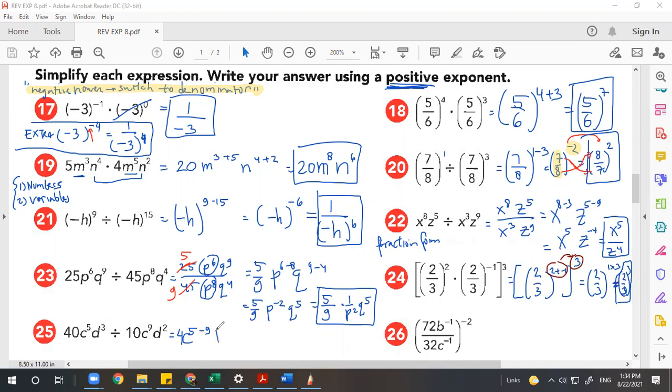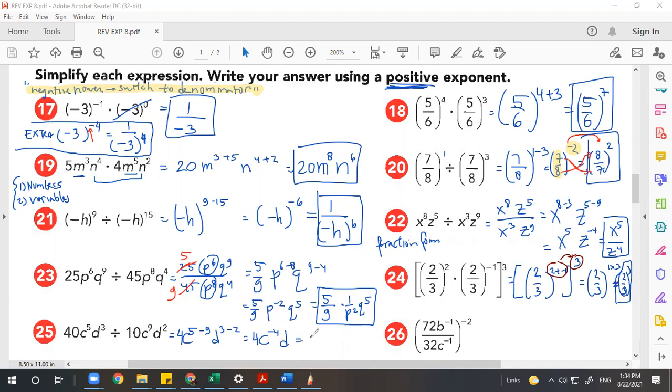And then D power 3 minus 2. Yeah, there you go. So what is it? 4, C power negative 4, and D power 1. If it is power 1, you don't have to write down the power. Get it? Yeah. So it's still negative.